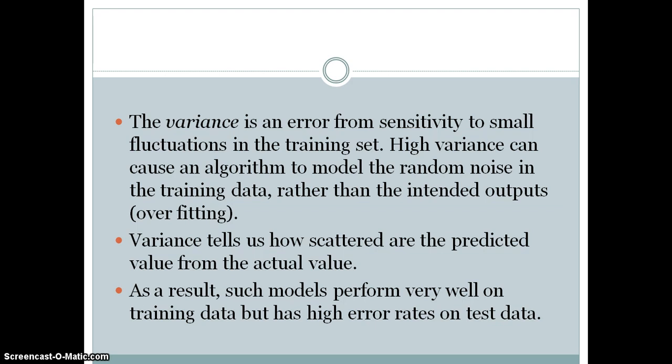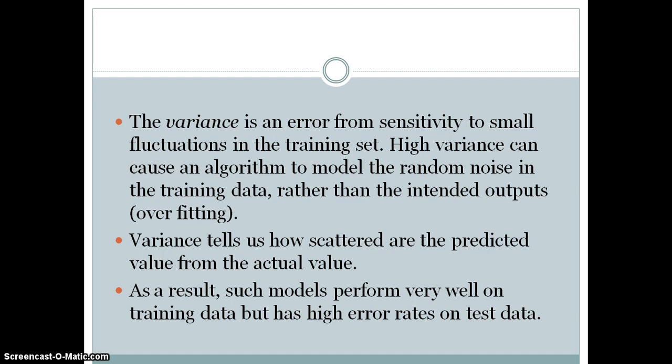Variance will tell us how the data is spread or scattered from the actual values. So how the predicted values are scattered from the actual data set. As a result, such models perform very well on training data but not on the testing data, so the error rate on testing data is high.